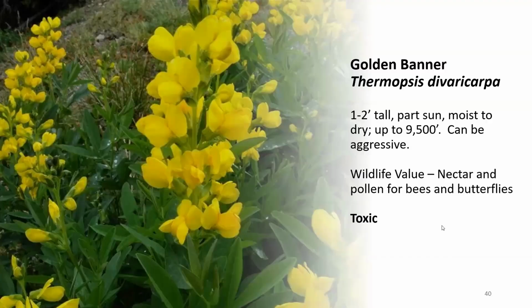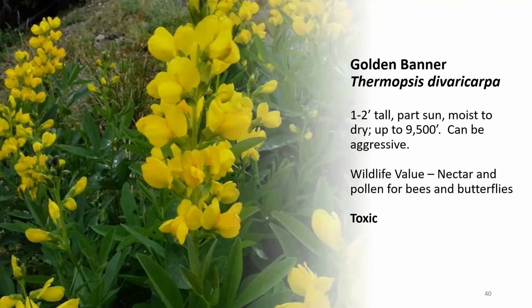Golden banner. I do want to mention that this plant is toxic if you have small children or pets that chew on stuff in your yard. Be advised that this is a toxic plant, but you know, a lot of household plants are toxic, and quite a few native plants, particularly of this Fabaceae family, are toxic.